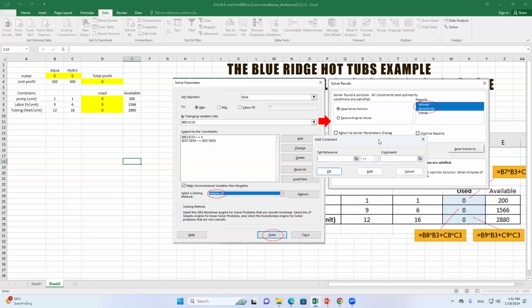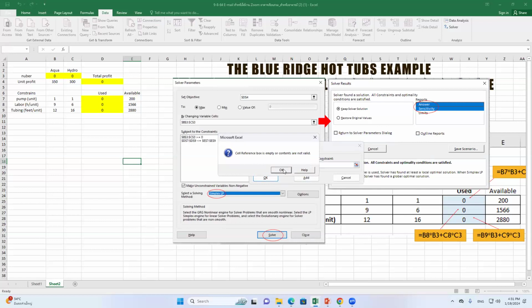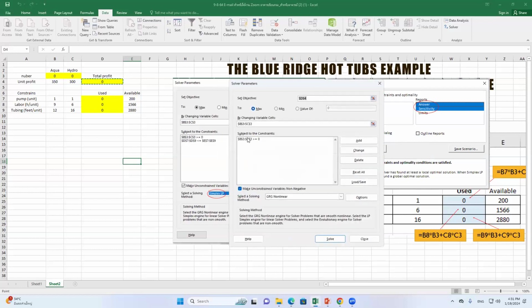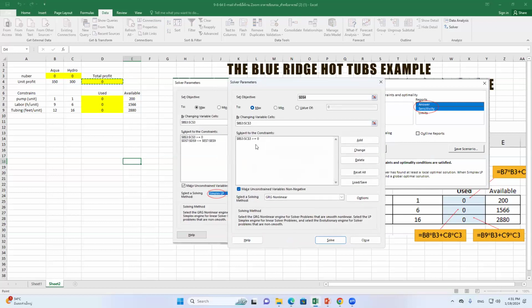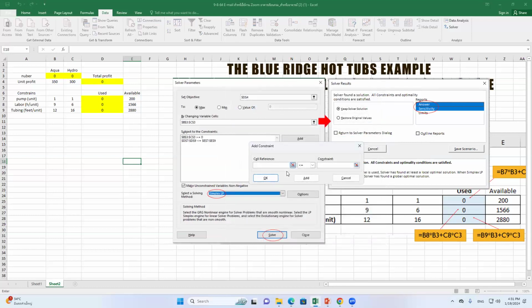So you click, we add this already, the first one. And then the next one, we have some constraints for this. Less than or equal to 200, less than or equal to 163.